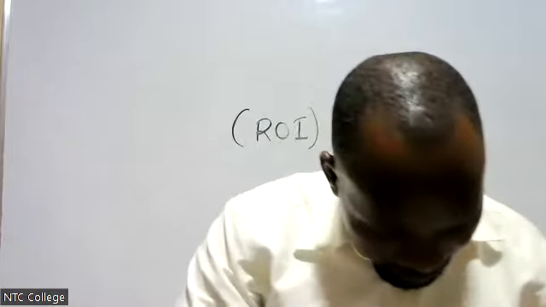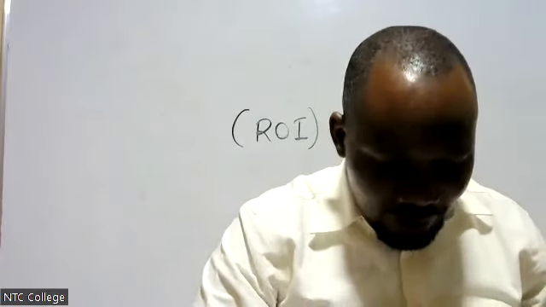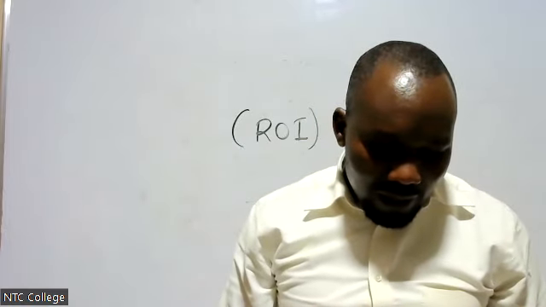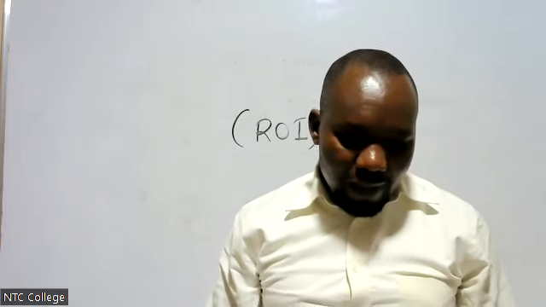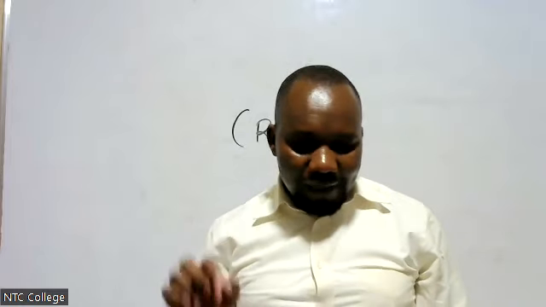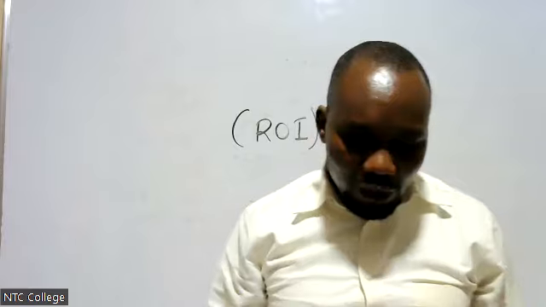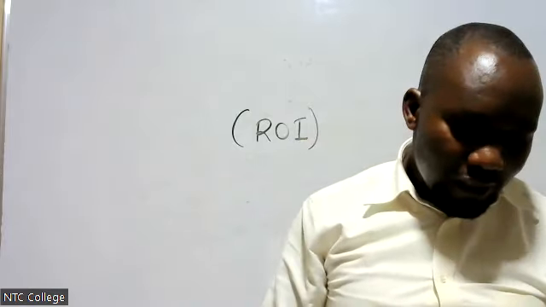Now, we have options. We are saying that for him to get the money or to invest in this business, there are two options. So in order to finance this investment, there are two options that he has to consider.